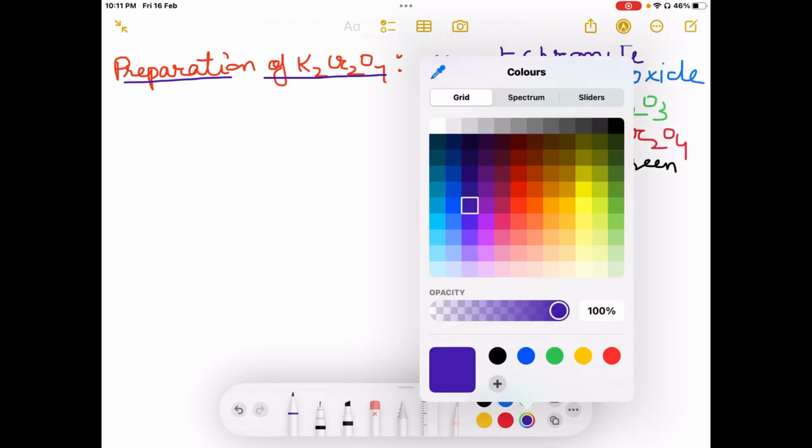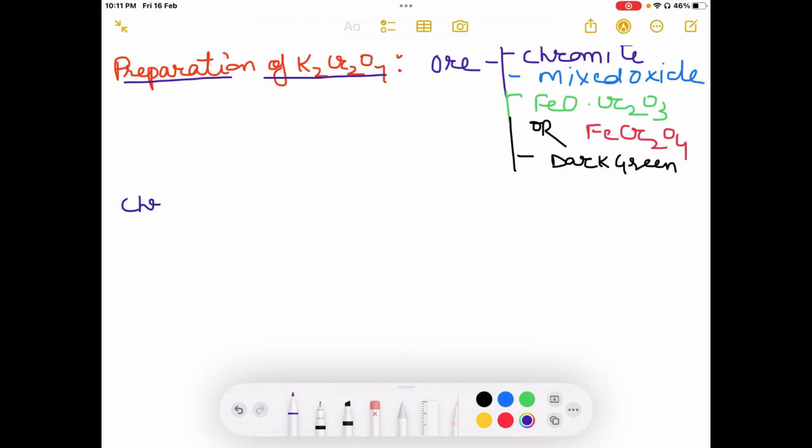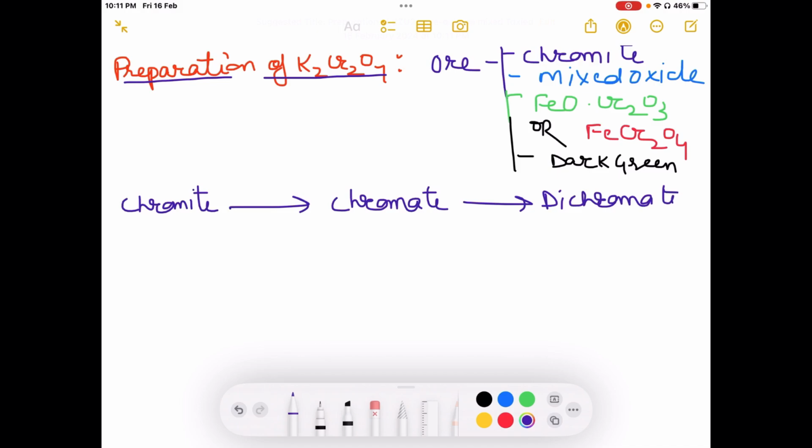This chromite ore, in the presence of alkali and air, changes to a chromate, which is yellow in color, and the chromate on acidification changes into dichromate. Chromite ore, FeCr2O4, is dark green.